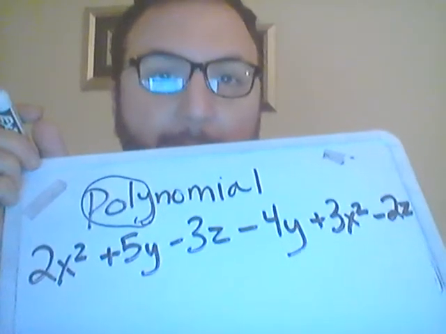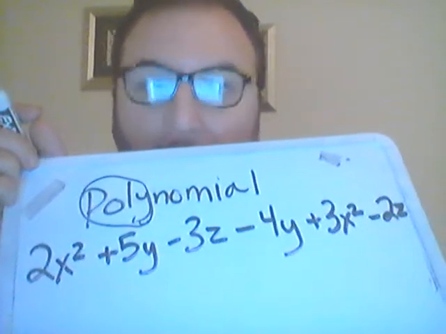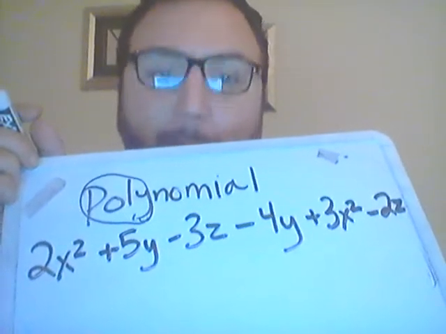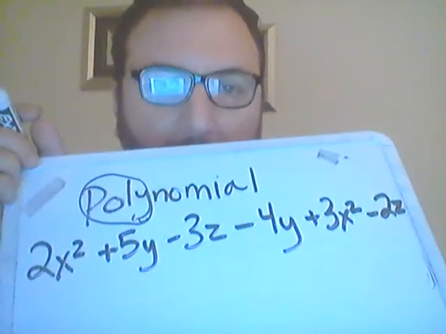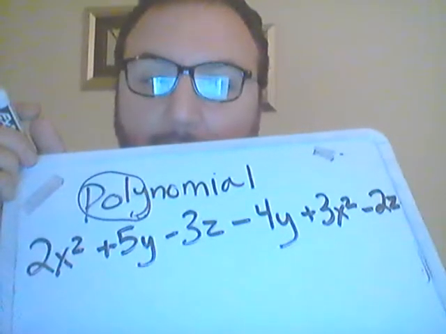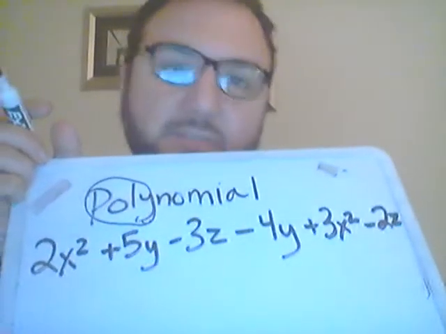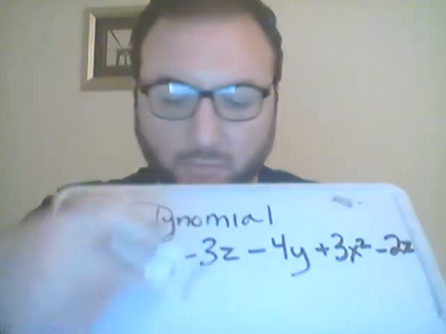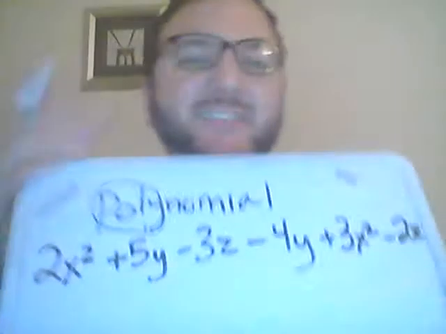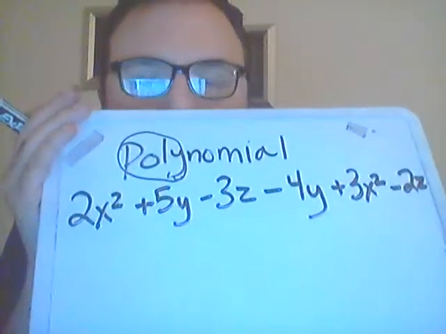Poly means many, right? So once again, a polynomial is an expression that has many terms. And in this case, how many terms are there? Well, remember, the terms are separated by the signs, by the pluses and minuses. So there are 1, 2, 3, 4, 5, 6 terms in this polynomial.